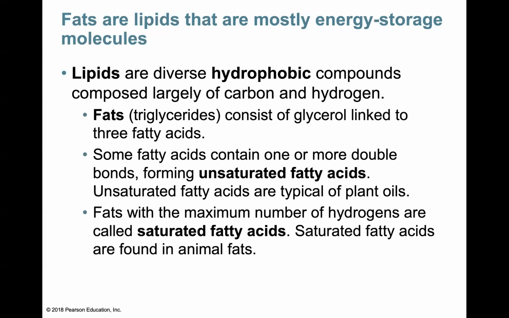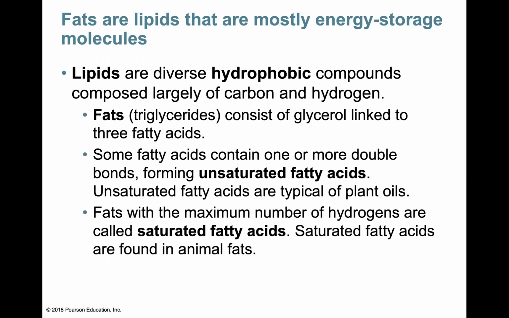We're looking here and we see that these triglycerides, or fats, consist of glycerol linked to 3 fatty acids. So these are our building blocks of lipids, these triglycerides and fatty acids. Some fatty acids contain 1 or more double bonds, and we'll see some structures shortly forming these unsaturated fatty acids.